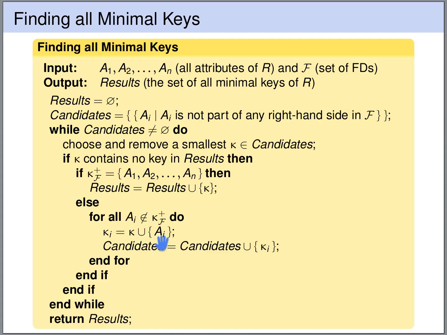And then we add this new candidate kappa I to the set of candidates. And then this whole procedure repeats. We again remove one smallest candidate from the set of candidates and so on. So let's see this algorithm in action in an example.